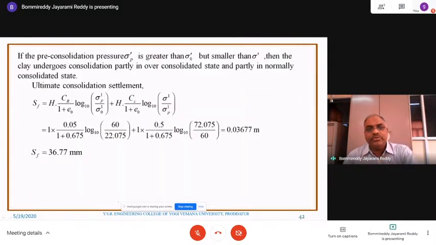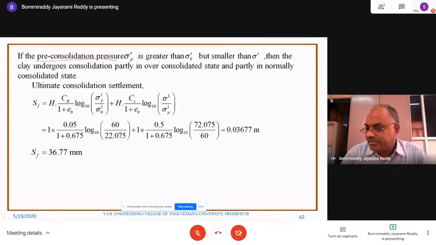So what you have to do in this particular case is, since the soil is under pre-consolidation, we have to compute the settlement because of the pre-consolidation and also the existing fill over the soil. So that's why here it is pre-consolidated to initial and pre-consolidated to final.